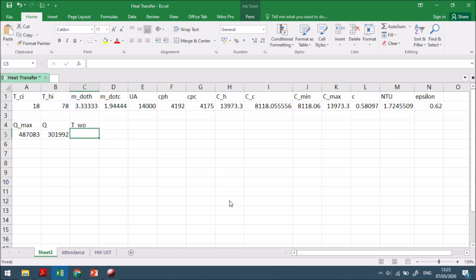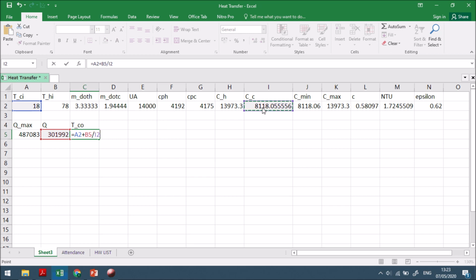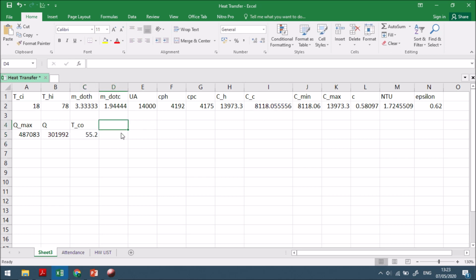T cold outlet will be the inlet cold temperature plus Q divided by m dot Cp of the cold, which is exactly the same as C of the cold. So 52, 55, and then T hot outlet will be the inlet minus Q divided by C of hot, which is 56 degrees. These are the temperature values for the hot and the cold outlet.